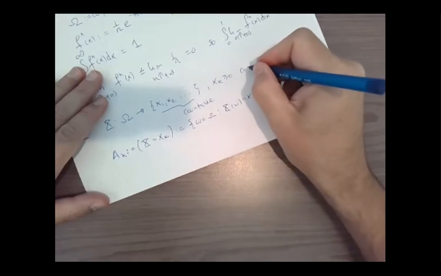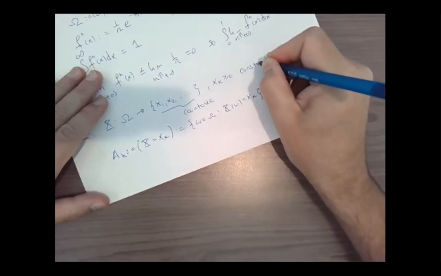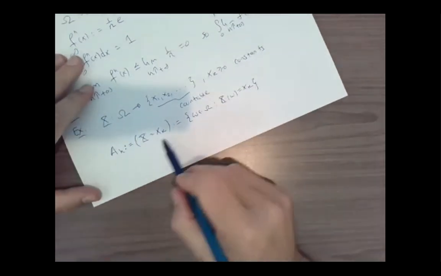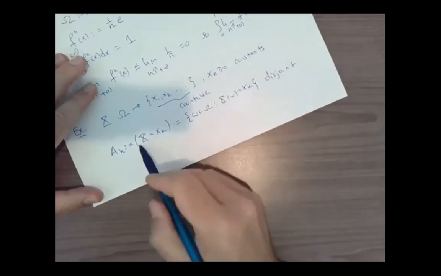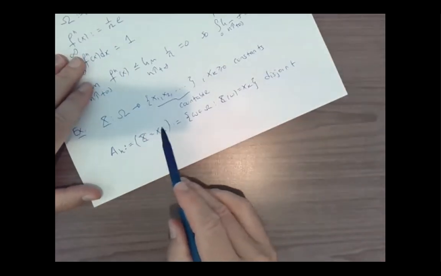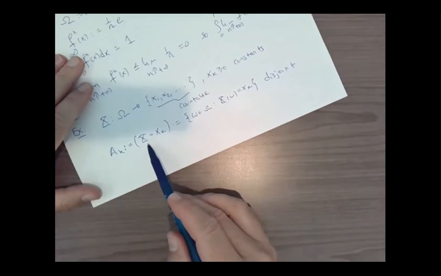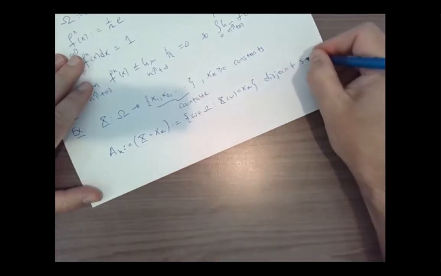These xk's here are just constants. And these are disjoint. There's no way that x can take two values simultaneously, because then it wouldn't be a function. So these are disjoint sets.